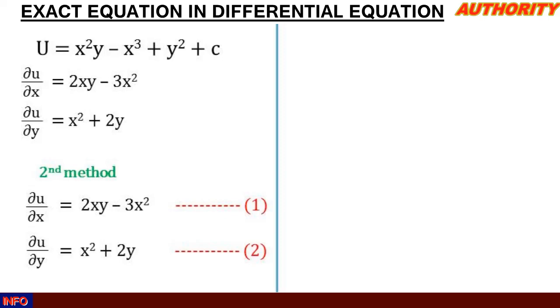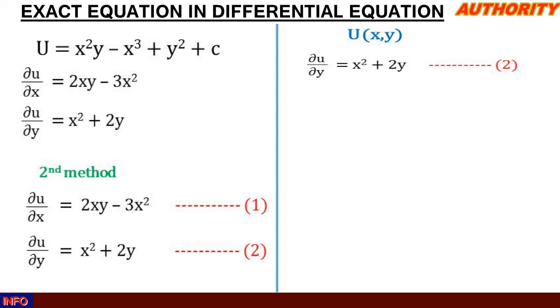Now, we're going to pick equation 2. We are looking for a function u of x comma y such that when we differentiate it partially with respect to x, it gives us equation 1, and when we differentiate it partially with respect to y, it gives us equation 2, right? Here we choose equation 2 to work with. This equation 2 is talking about the partial derivative of u with respect to y, and we are looking for u.